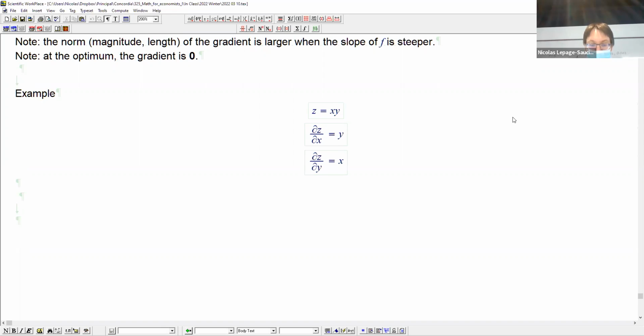So then the gradient is, yeah, I didn't put any.